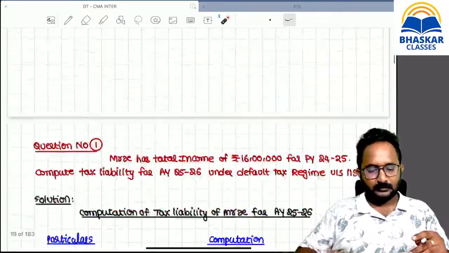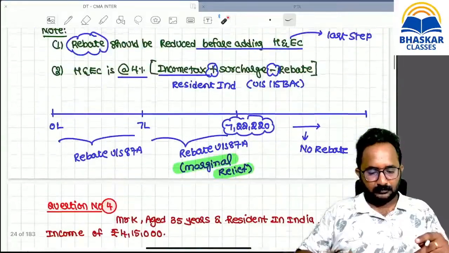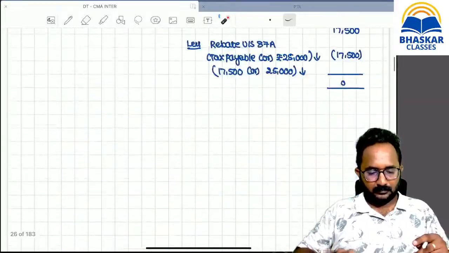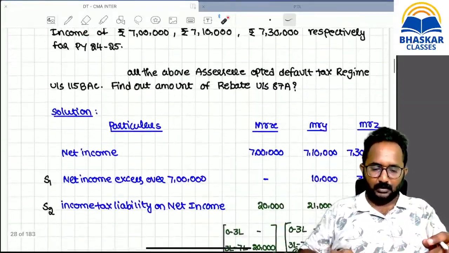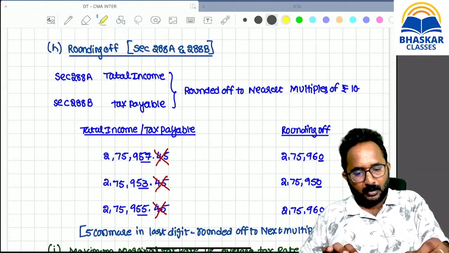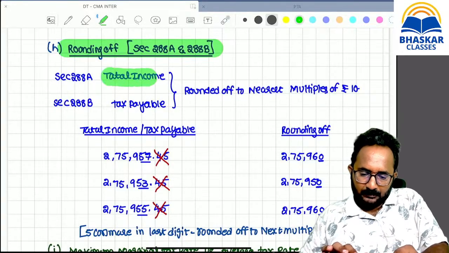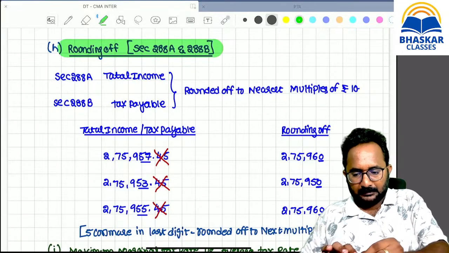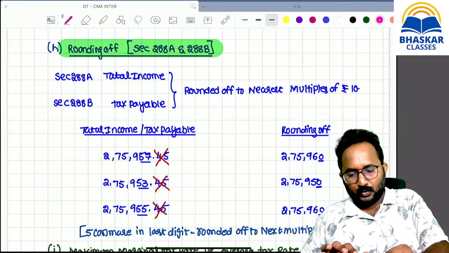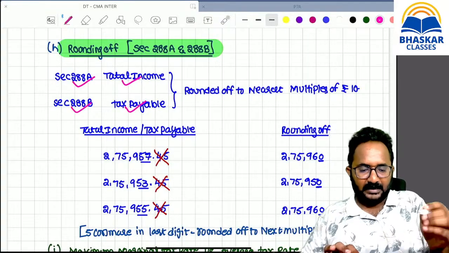Now I will tell you. Problems you can always do easily. Now I want to take one more provision, that is rounding off of total income. Rounding off of total income is under section 288A, rounding off of tax payable under 288B.